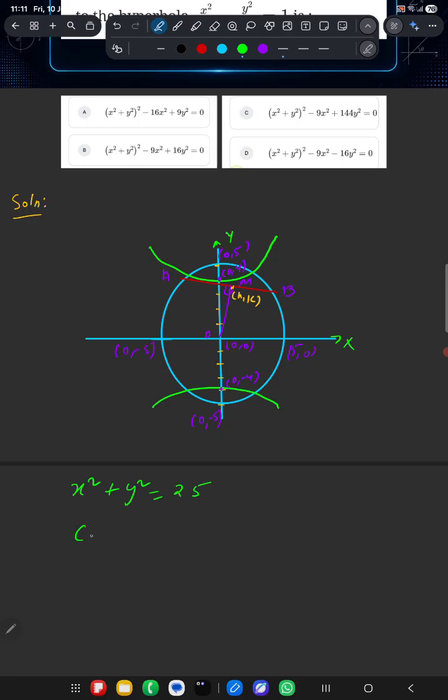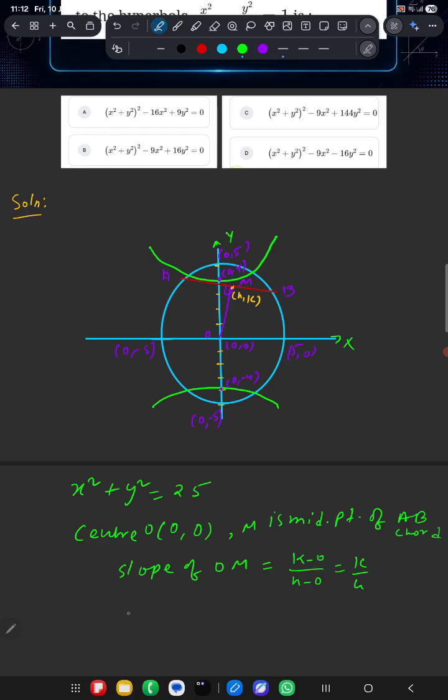So clearly the center will be (0, 0). Here the slope of OM, where M is (h, k), and M is the midpoint of chord AB. So the slope of OM will be (k minus 0) upon (h minus 0), that is k upon h.